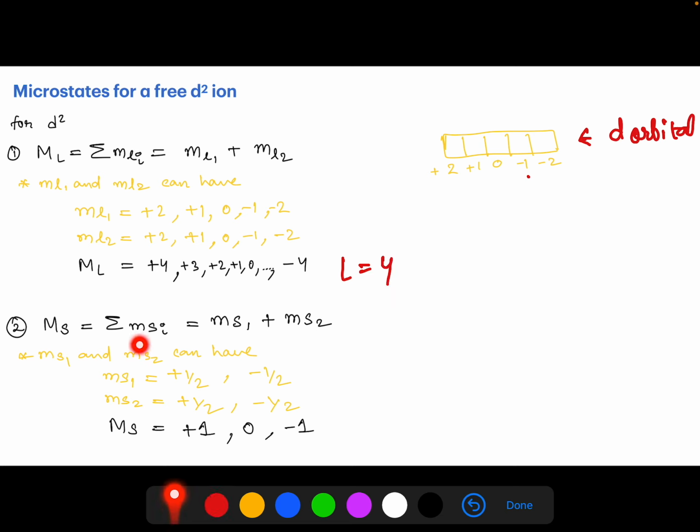And the Ms is the summation of ms i, which is ms1 plus ms2, and this can have the value from plus half to minus half, so that my total spin quantum number is plus 1, because it is the maximum of Ms. So my S is plus 1 and my Ms goes from plus 1 to minus 1.